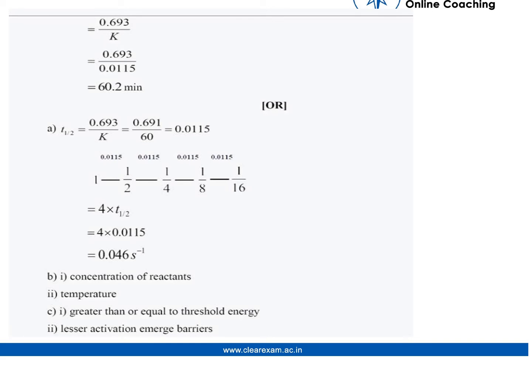Now the formula for half time is T half equal to 0.693 divided by K. So we calculated the K, and now after calculation the half time comes to be 60.2 minutes. Here K is the rate constant.